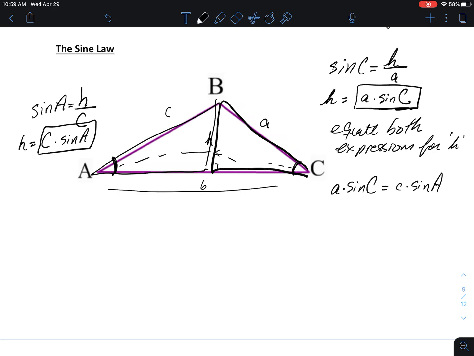So A times sine C equals C times sine A.